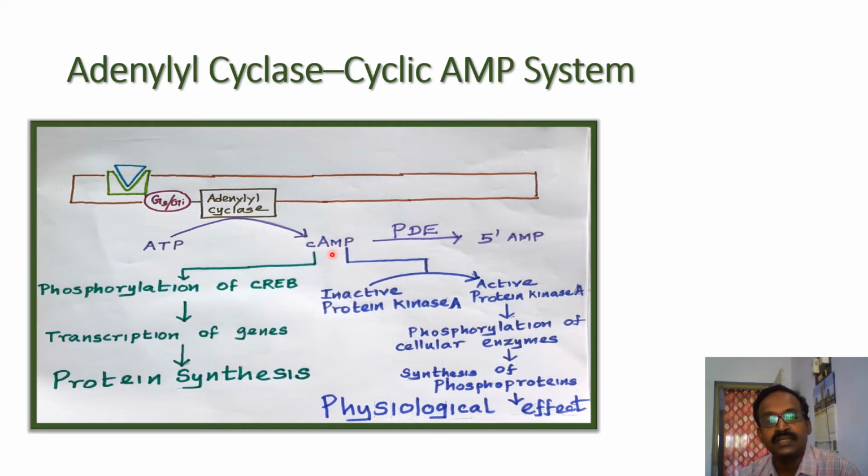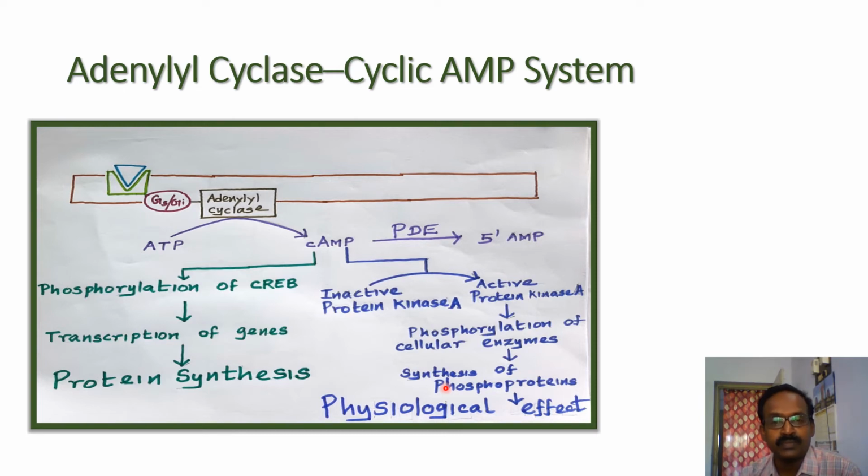This cyclic AMP activates the protein kinase A. Protein kinase A produces the phosphorylation of the cellular enzymes, producing the various phosphoproteins. It produces the physiological effects.